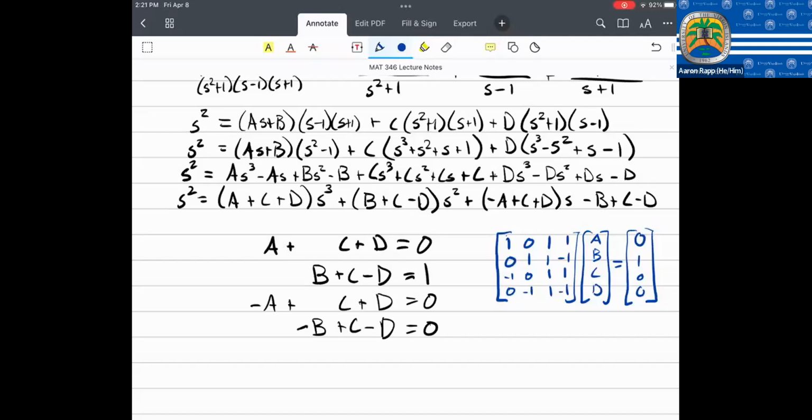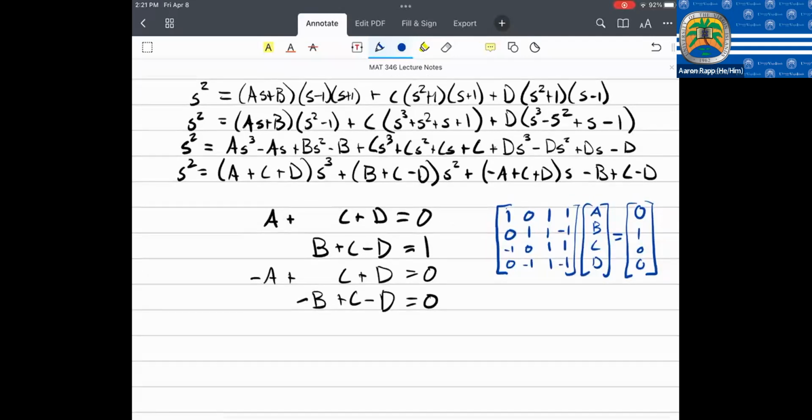So I look at my equations. How can I use any of these four to start reducing down some of the variables? What would happen if I added the first equation to the second equation?